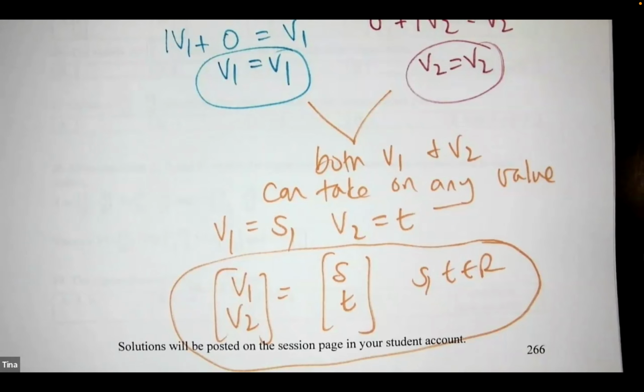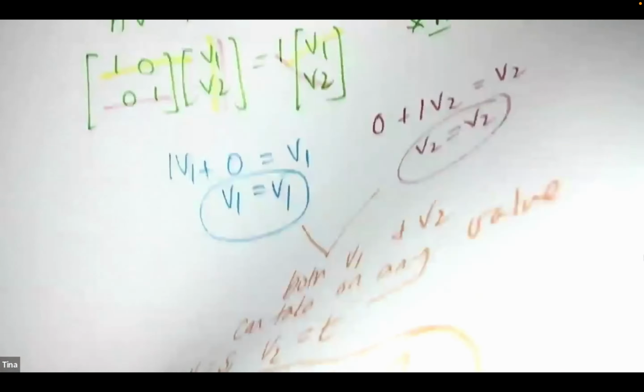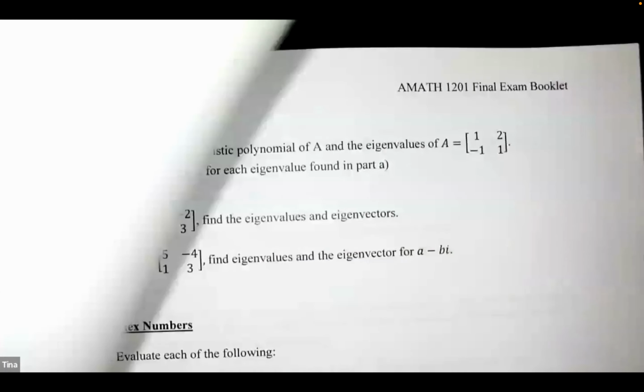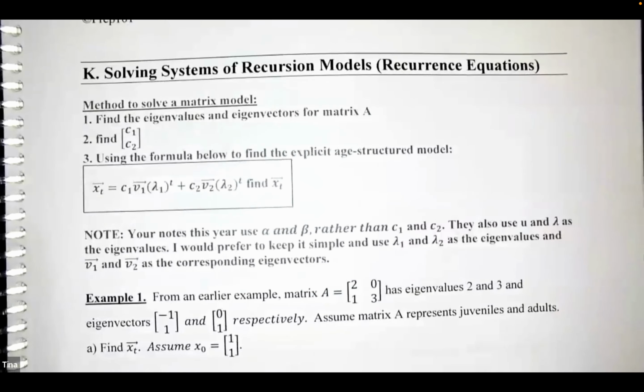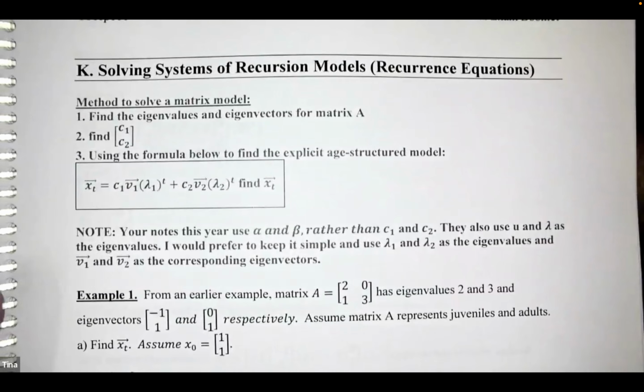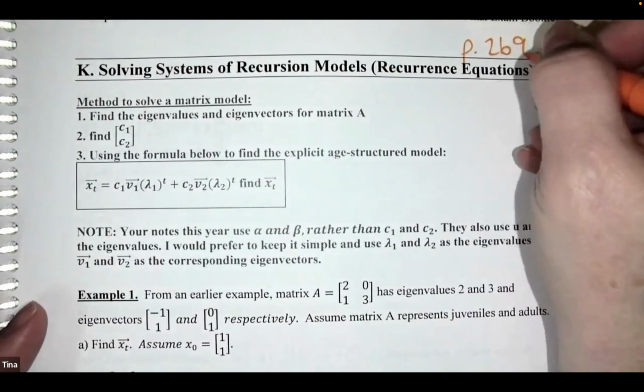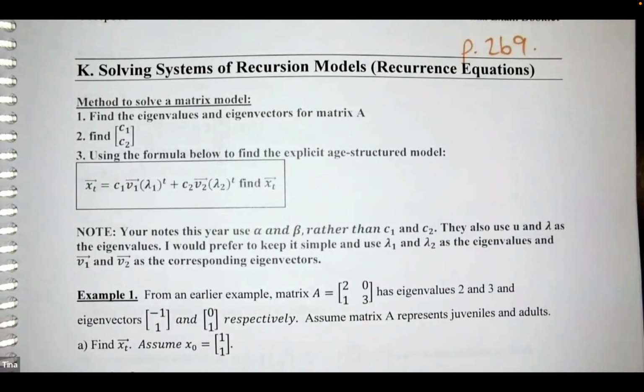Okay, so flip through. So next is K. K is on 269.